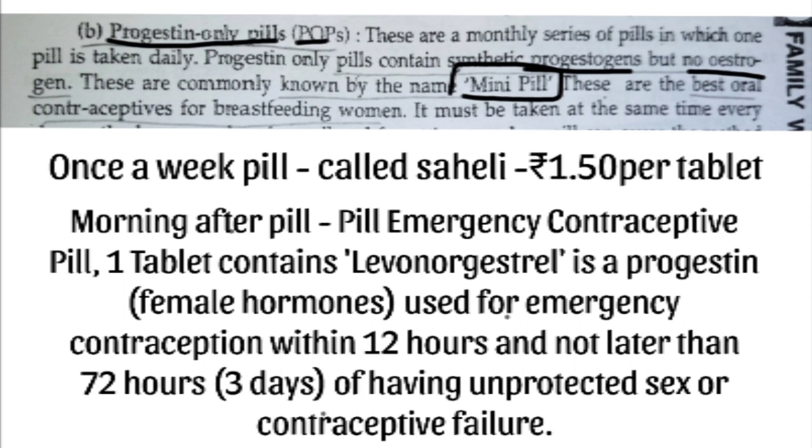And this tablet is contraindicated for breastfeeding mothers, and COC is also contraindicated for breastfeeding mothers, because both COC and POP contain progesterone hormone, and COC contains progesterone and estrogen hormone.